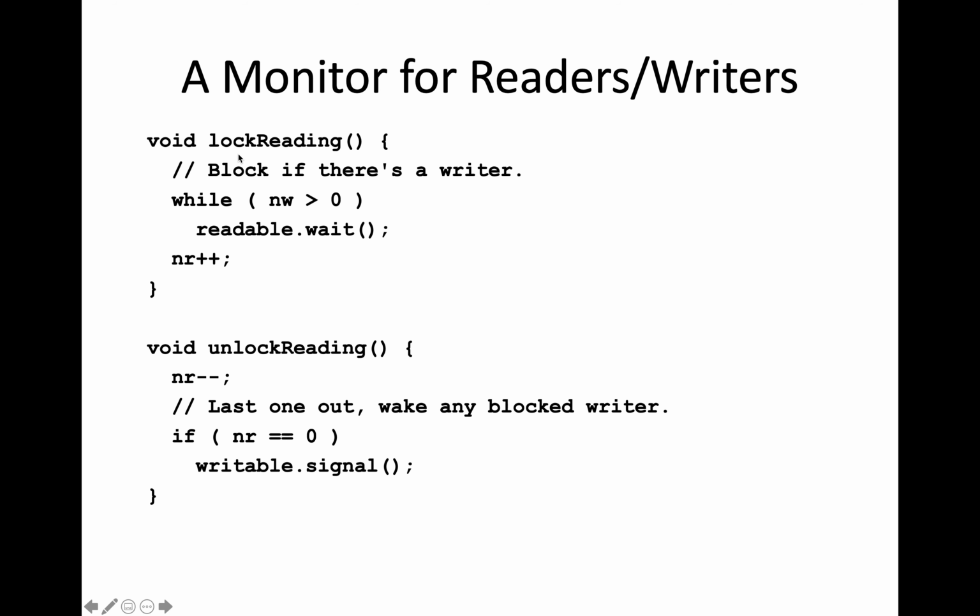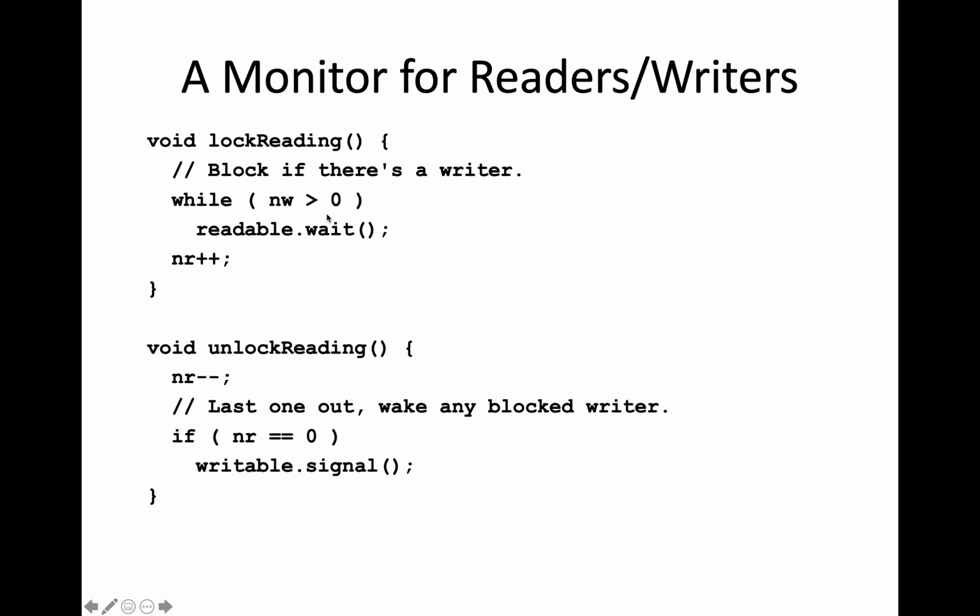A thread calls this whenever it wants to read from whatever we're trying to control access to. First thing we do is try to decide, well, can I give out a read lock right now? If there are currently other readers, that's fine. You can have as many readers as you want. But if there are any writers, this thread's going to have to wait. So that's what I implemented.